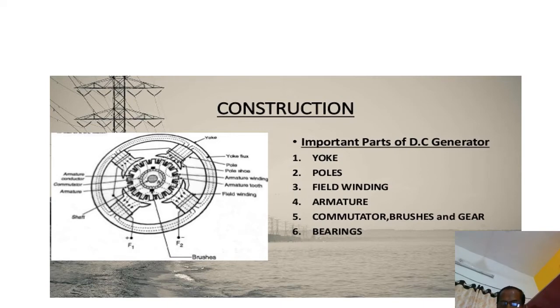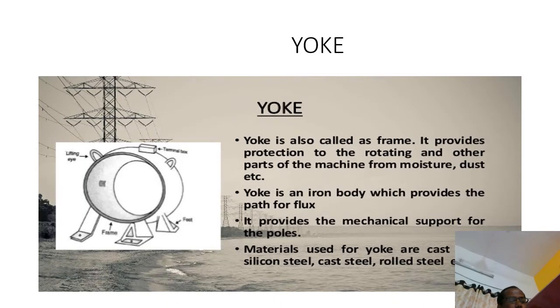First, yoke or magnetic frame. The outermost frame is known as yoke. It is made up of high permeability material possessing sufficient mechanical strength. Cast iron is used in small machines, and cast steel or rolled steel is employed in large machines.